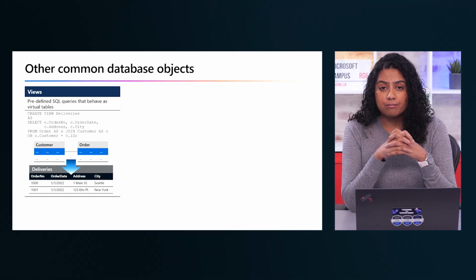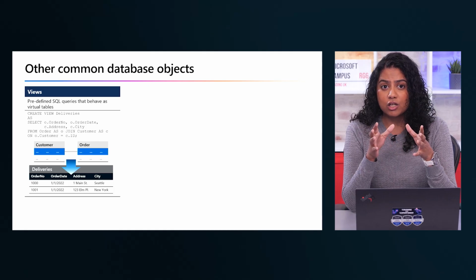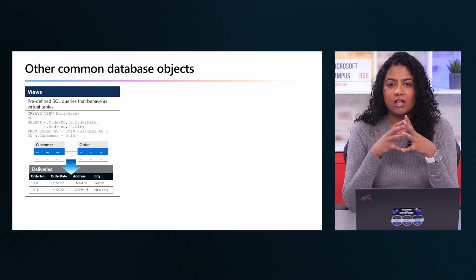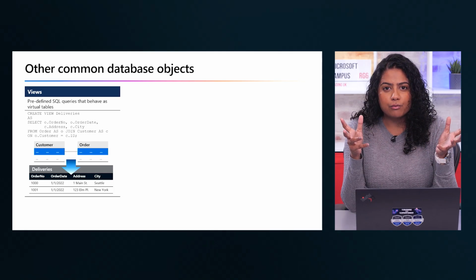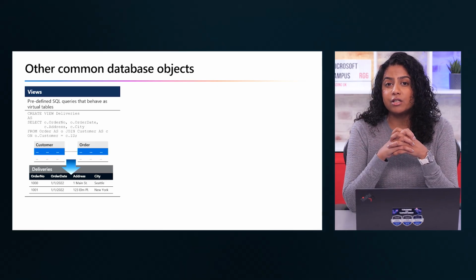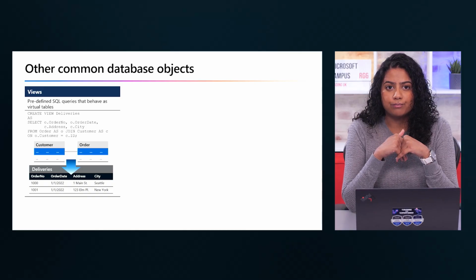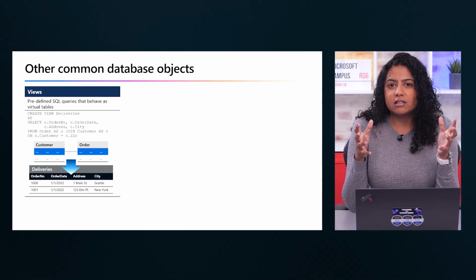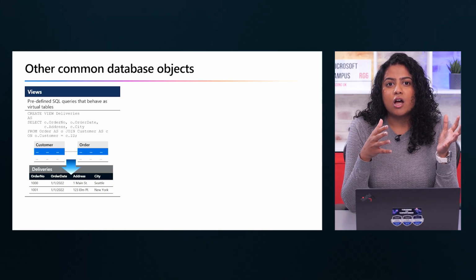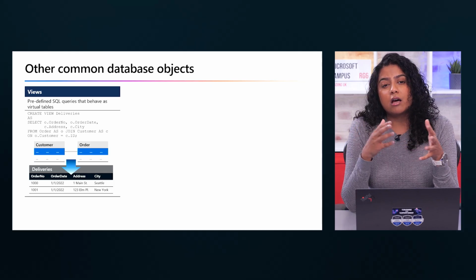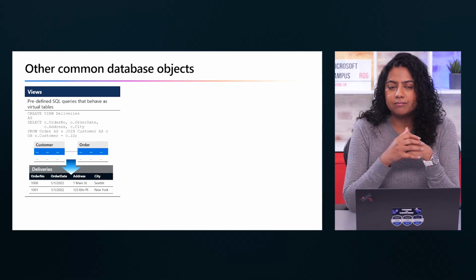You can query them using select statements just like you would any other table. Views are super helpful when you want to simplify complex queries or hide the complexity of the underlying database structure. It's like having a shortcut that lets you focus on the data you need without worrying about the nitty-gritty details.